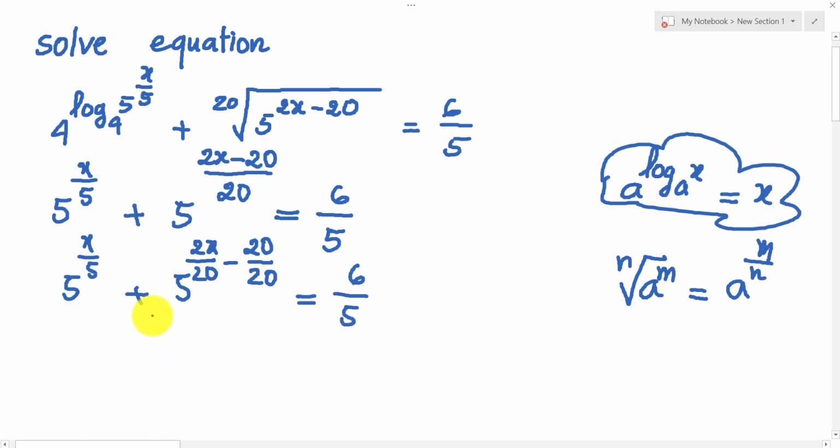And then I can write 5 power x over 5 plus 5 power x over 10 minus 1 equal 6 over 5.